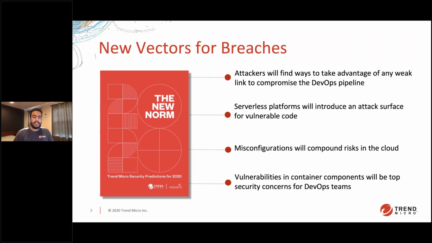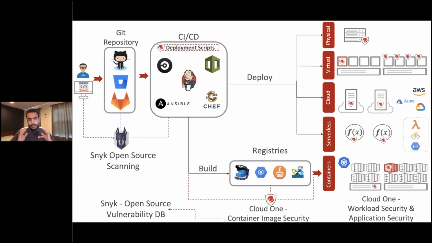So when we place this in an application build perspective, there are many ways we can help you to fight back, right? To be responsive to this vulnerability and threat landscape.